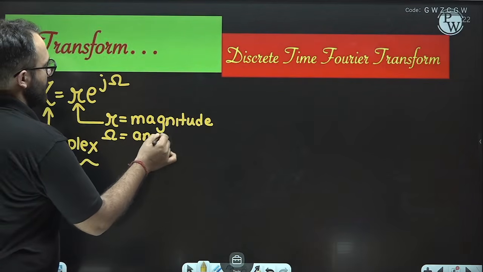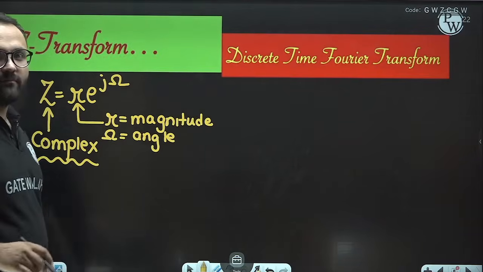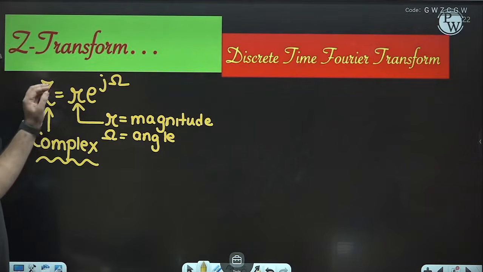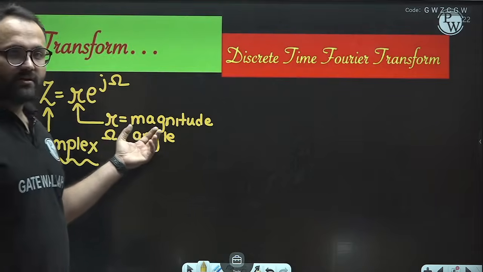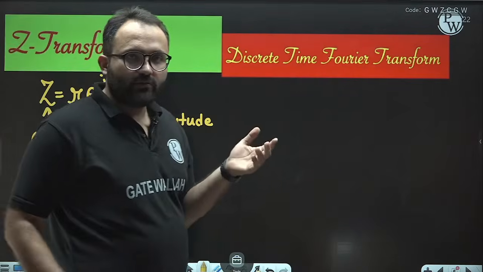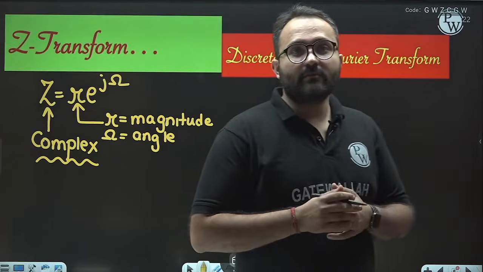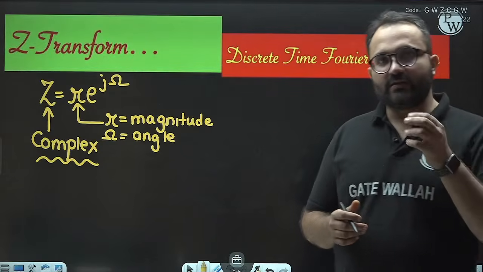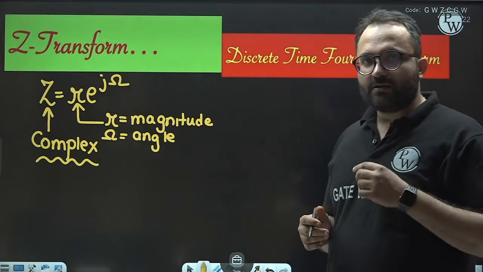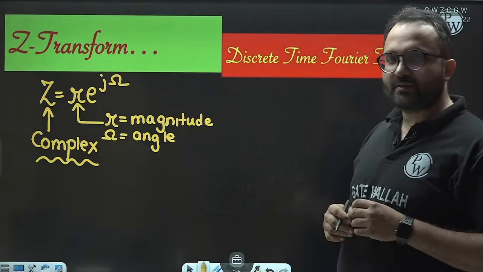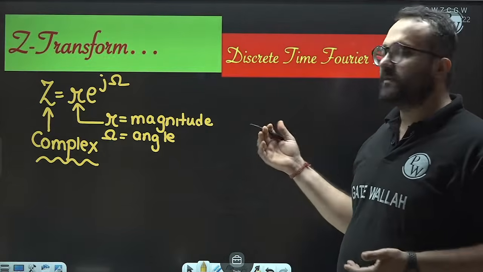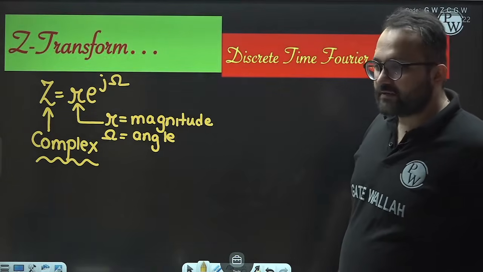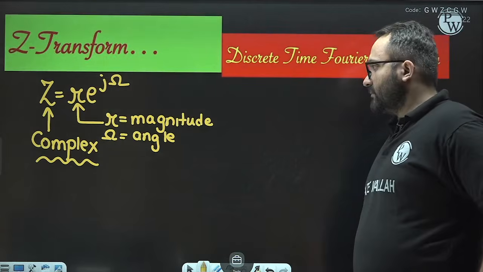As we know, any complex number can be represented as real part plus j times imaginary part, or as a magnitude and e to power j angle. These are the representations of any complex number.